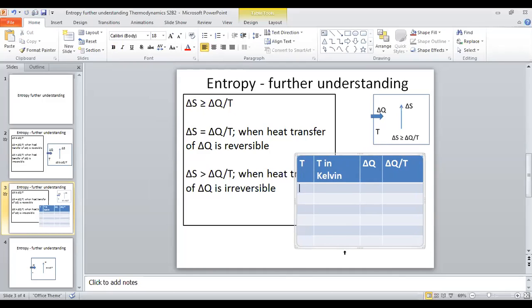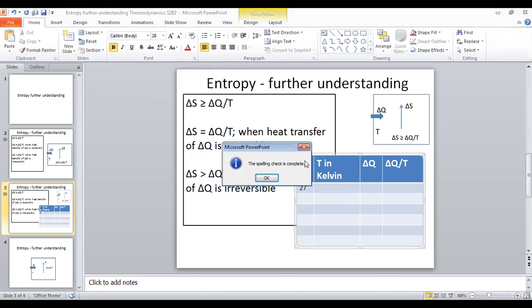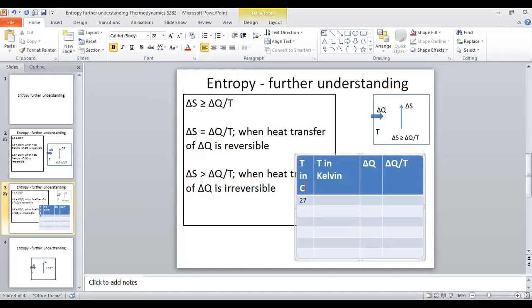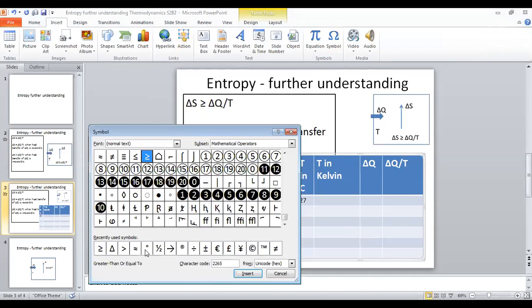Let's say temperature is 27 degrees Celsius.